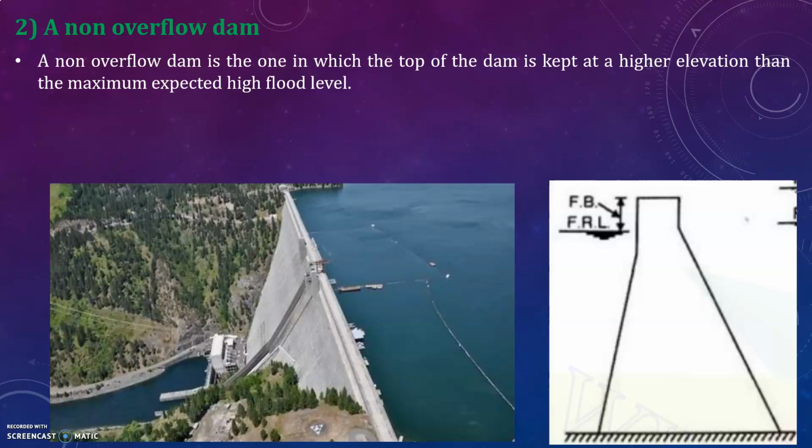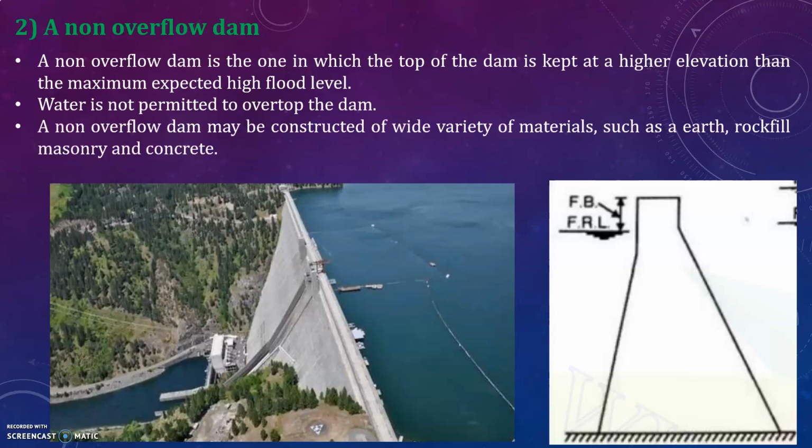Hence, a non-overflow dam may be constructed of a wide variety of materials such as earth, rockfill, masonry, concrete, etc. For example, gravity dam, earthen dam and rockfill dam. So this is about overflow and non-overflow dam.